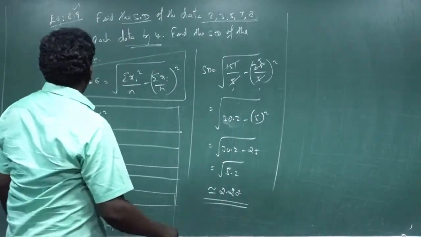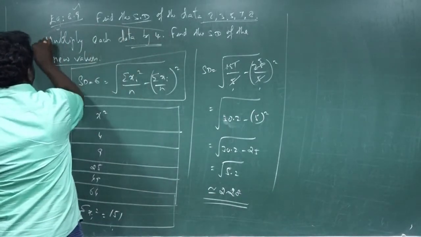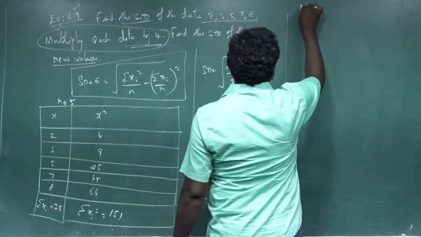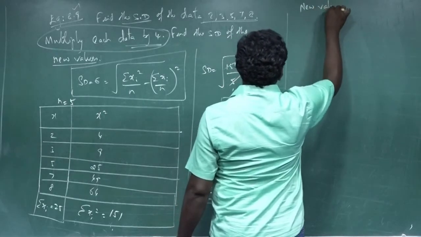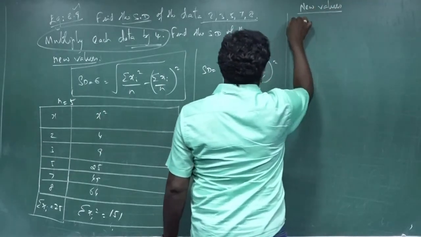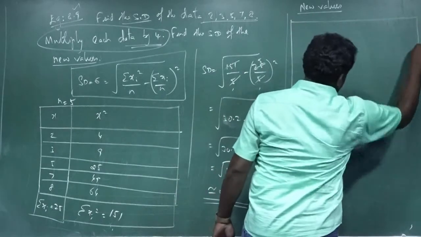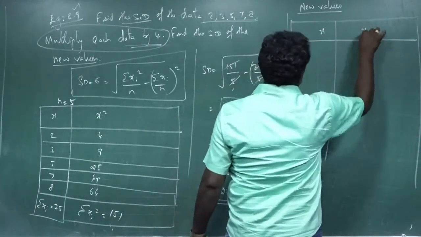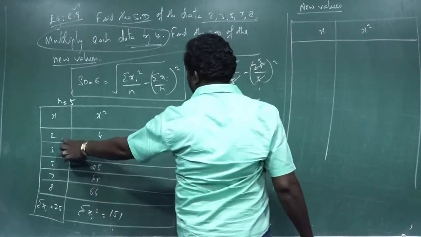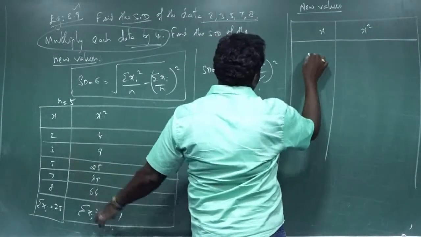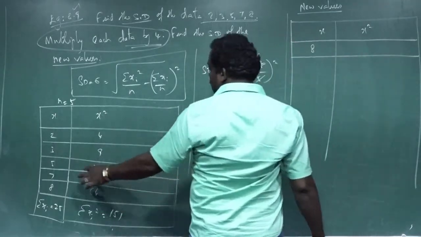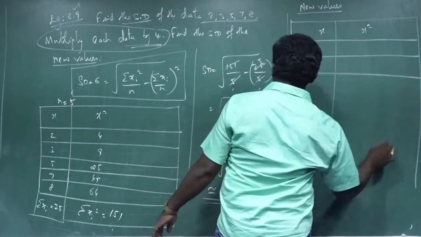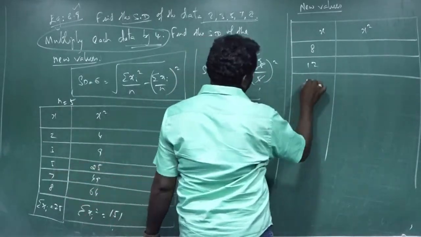Now what we have to do in the next step is multiply each number by 4 and form new values. X square: first value multiply by 4, 2 4s are 8. Second value 3 4s are 12. Third value 5 4s are 20.